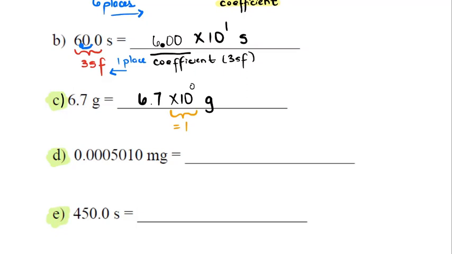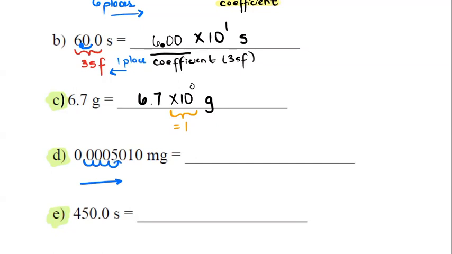Thank you. No problem. Let's move on to letter D. In letter D, we have a small number. In this small number, we can see that there's a written decimal place. We have to move it in this direction, left to right. So we're going to go 1, 2, 3, 4 times from left to right.